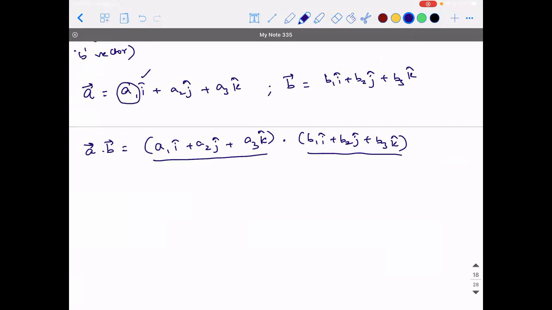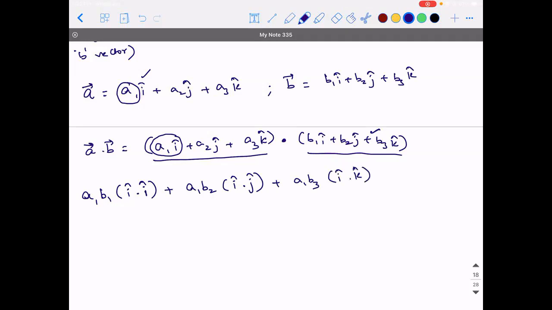So here, first I will multiply A1 I cap with this whole vector using the dot operation. Look at the way I'm going to do it. I can write it as A1 into B1, meaning I'm multiplying the scalar parts, and between the vectors I'm doing the dot product, because between the scalars it doesn't make sense. So A1 B1 into I cap dot I cap plus A1 B2 into I cap dot J cap plus A1 B3 into I cap dot K cap.